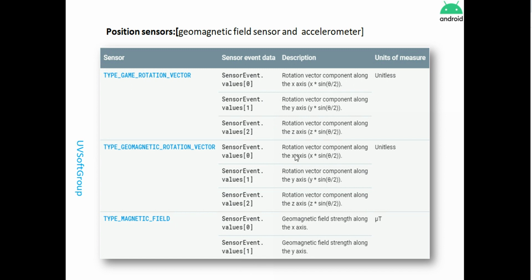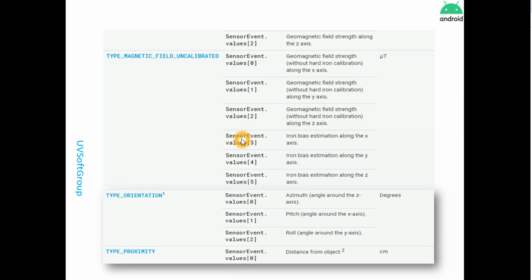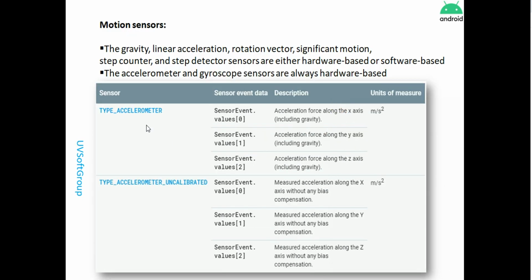I said I will show you in my development, when I start the development, how it works and how you can start. So this is the data information: the orientation sensor, the proximity sensor with proximity calculations, and then the magnetic field, uncalibrated sensors, positions and sensor events, and so on and so forth.